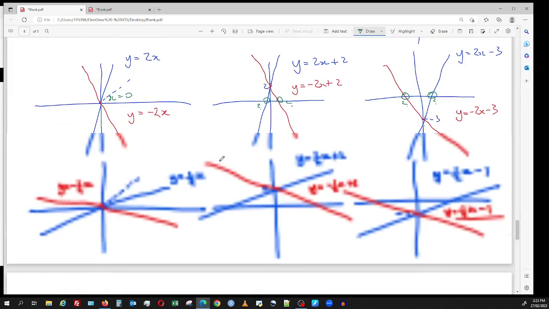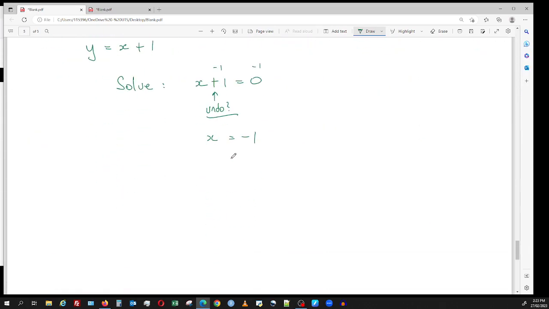Now, we can check that by using our function notation, which we did talk about a little, but certainly it was in the notes, in the video that went with the notes. So we're going to check y of -1 using function notation. So we're looking at this equation here. So I've got -1 plus 1 is equal to 0.